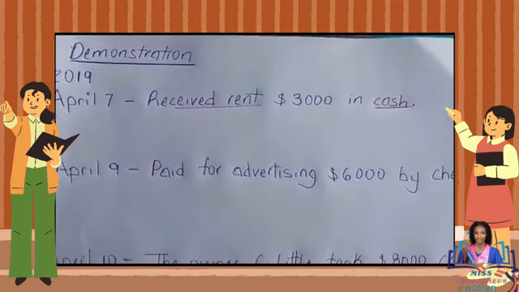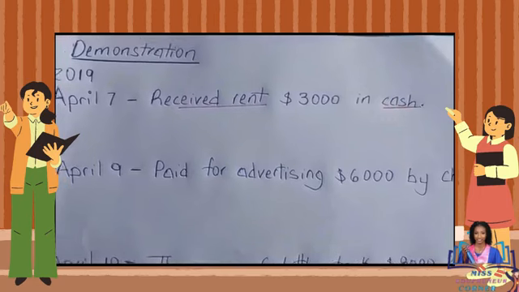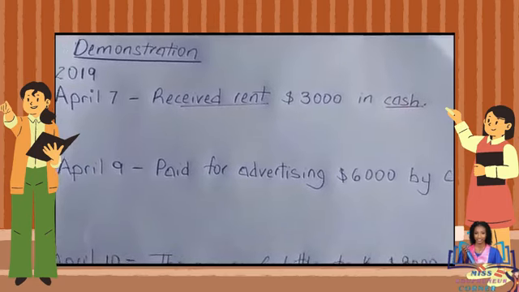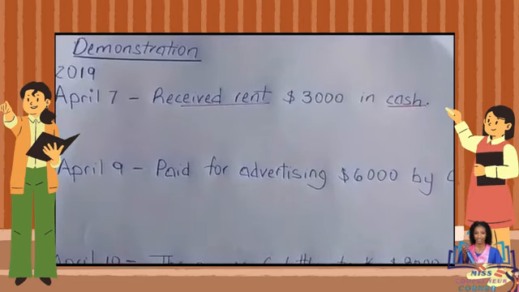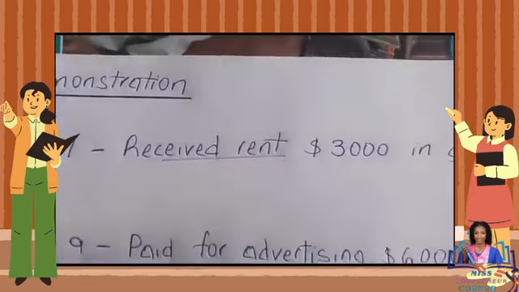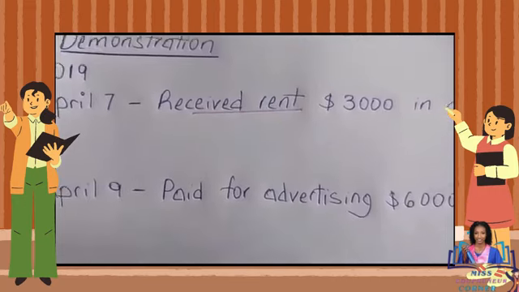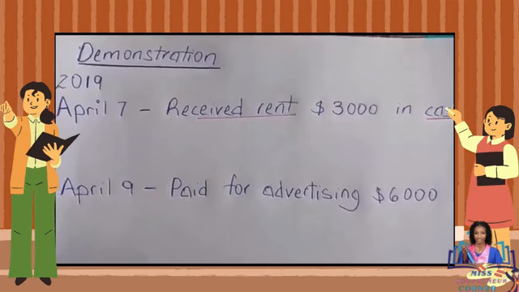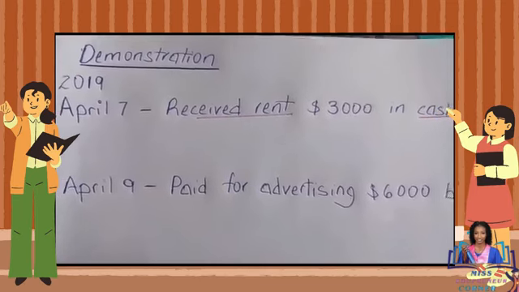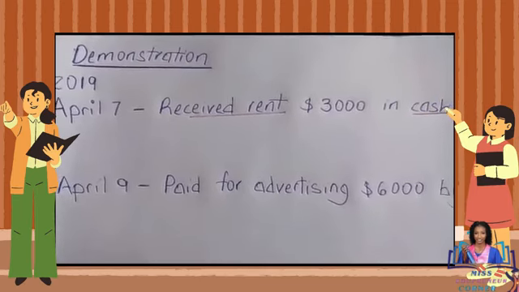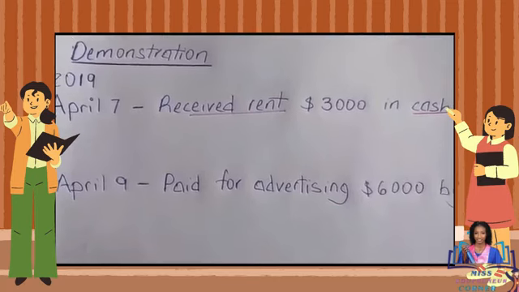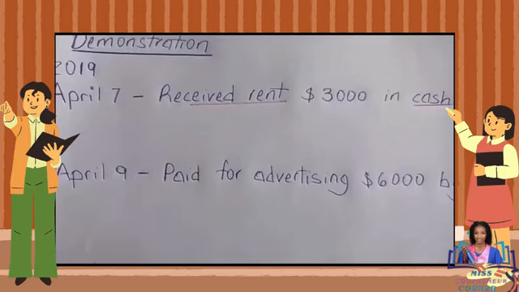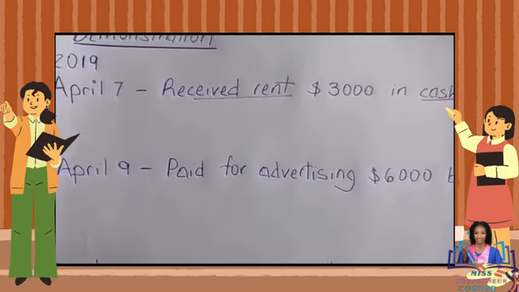Rent received is a revenue account. How do we know that? Revenue is the money received or will be received in the future. Right here, the business would have received money for rent. So that's a stream of income for the business. Remember, as was established earlier, revenue increases capital. But this entry is not made in the capital account because you don't want to overcrowd it.